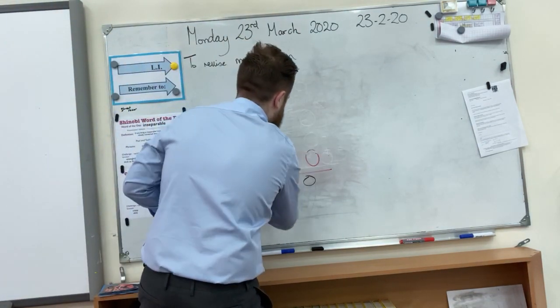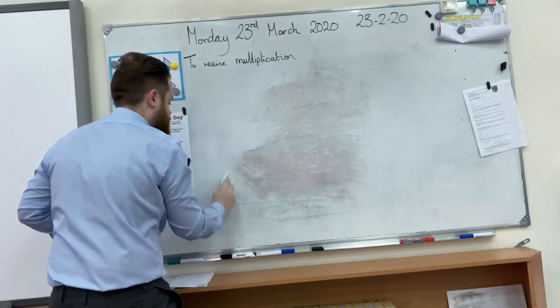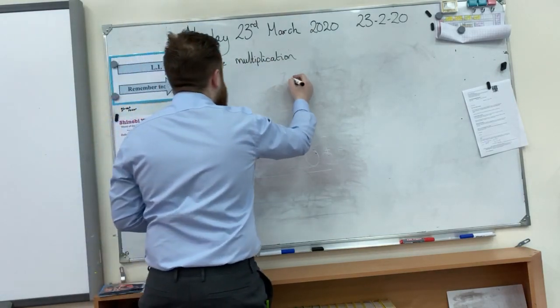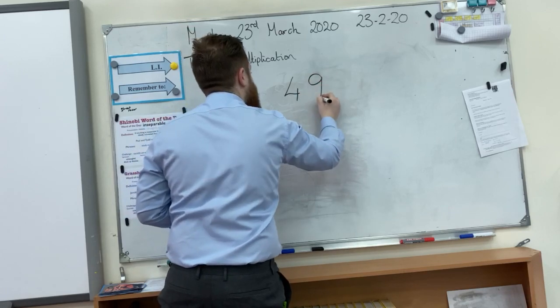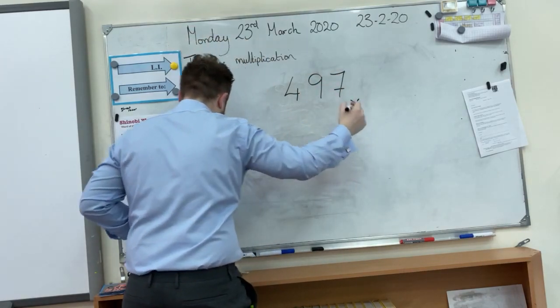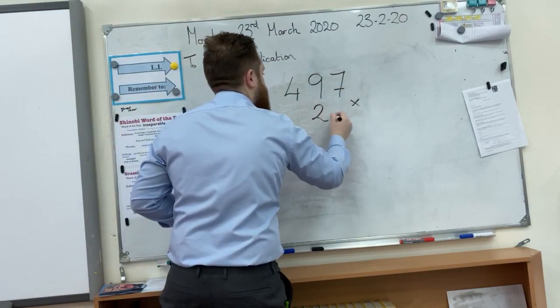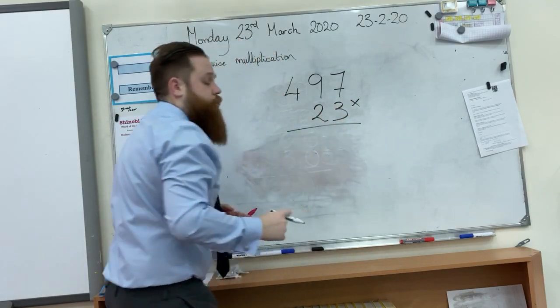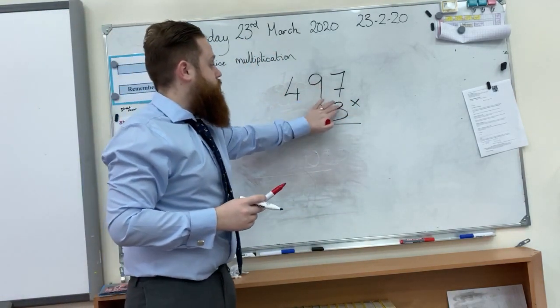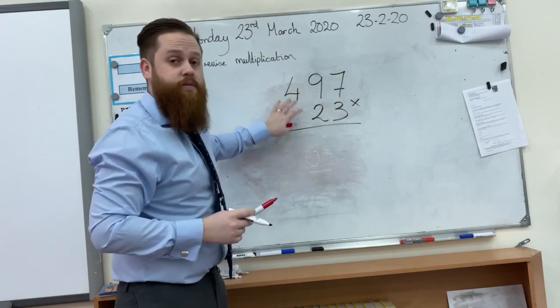On to question number 3. Let's have another go. Question number 3 is going to be a little bit trickier: 497 multiplied by 23. Notice every time I'm working these out, I'm keeping them in those columns, my units, my tens, my hundreds.